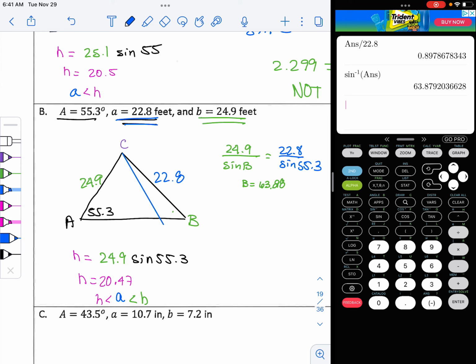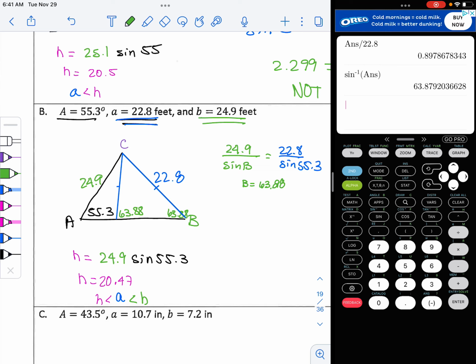If this is 63.88, because this matching side is the exact same length in both positions, we've created an isosceles triangle. So this one is also 63.88.